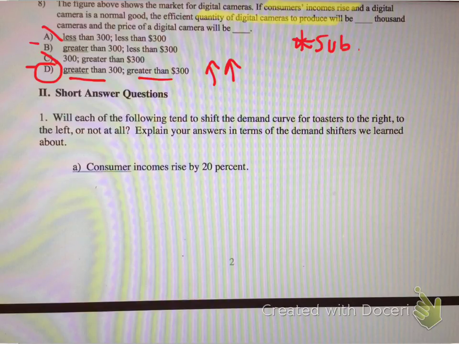An inferior good is something that's petty, worthless, and a normal good is something that you would buy pretty much on a typical basis, to put it in simpler terms. So this one's kind of tricky. You could probably argue both ways, but I'll say it's a normal good and it will shift to the right. So shift right.